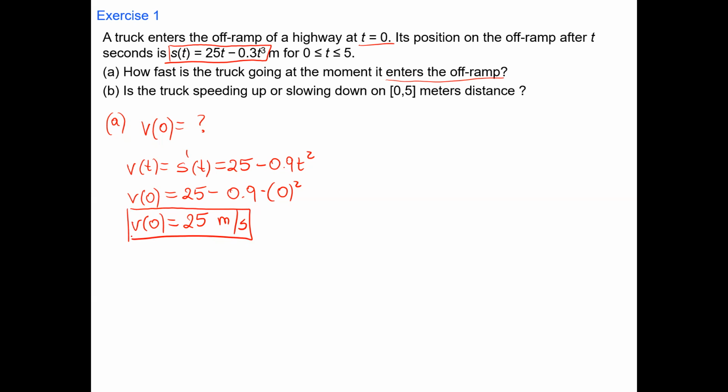And now question B. Is the truck speeding up or slowing down on that time interval, from 0 to 5 seconds? We have to figure out what the velocity is and what the acceleration is. Maybe we can do it this way.